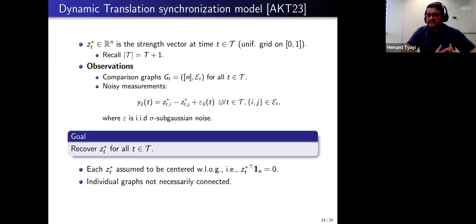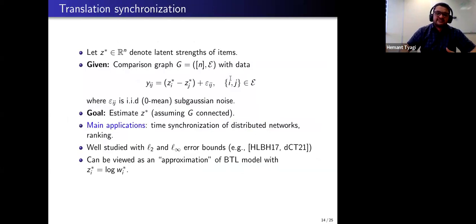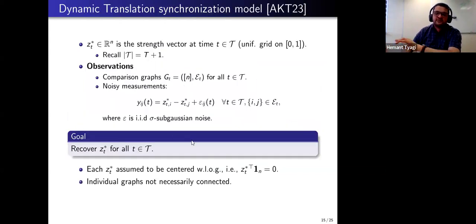Now here, for each Z_t star, we need again some kind of identifiability condition to have a meaningful problem, because once you're given these pairwise differences, note that if I add a global offset to my strength vector, nothing changes. So I lose 1 degree of freedom whenever you have pairwise comparisons of this form.